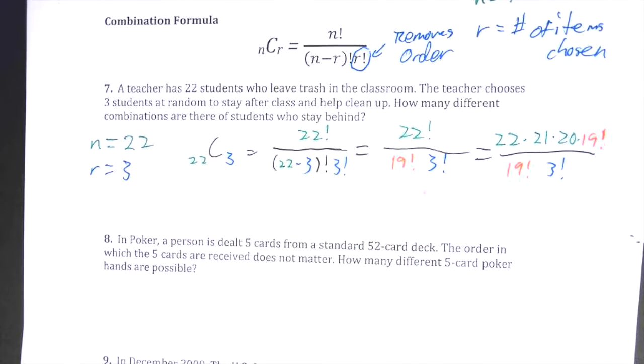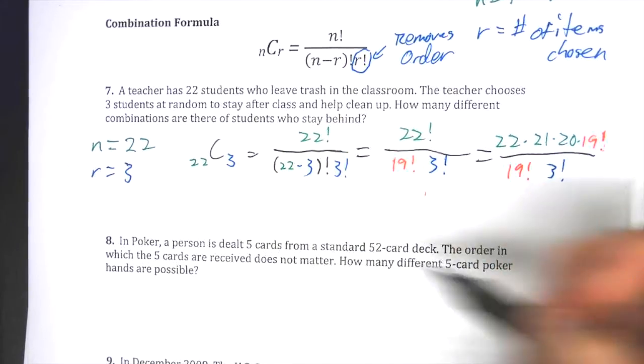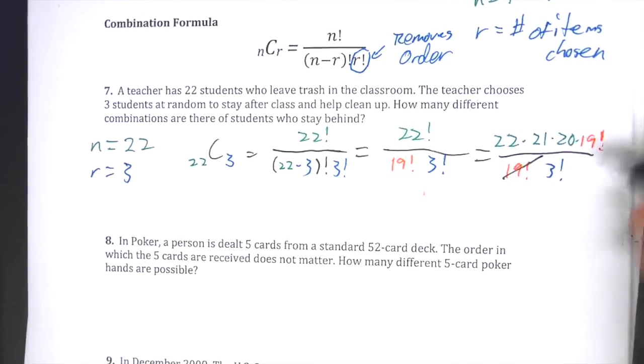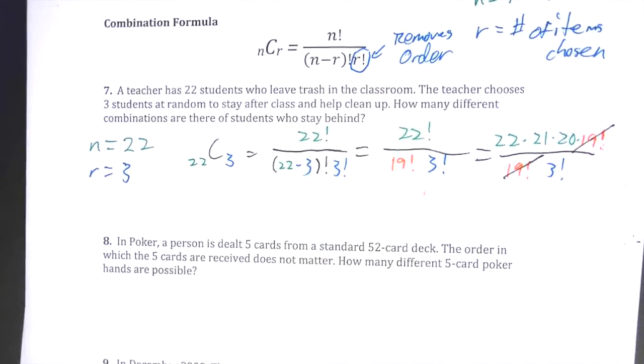So when I pull that 19 factorial out of the 22 factorial, what's left behind is 22 times 21 times 20. Because really what this is saying is that we can keep going on 19 times 18 times 17 times 16 times 15 times 14, all the way down to being multiplied by 1. The reason I want to choose the biggest one is because that means I can cancel out a lot more. The 19s I can cancel out, because when you divide something by itself, it's just going to be 1.